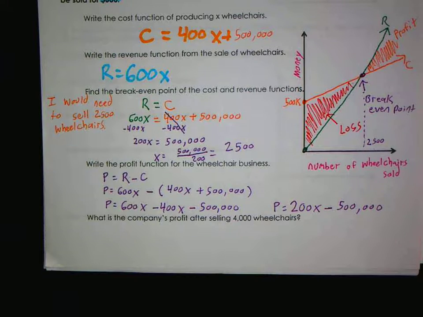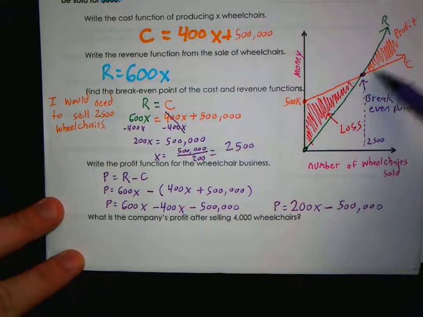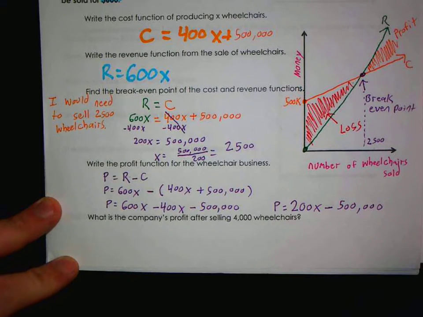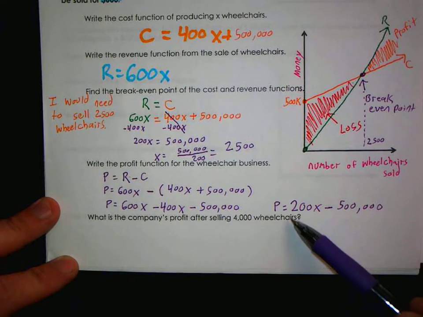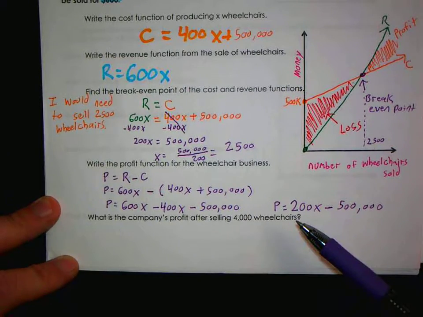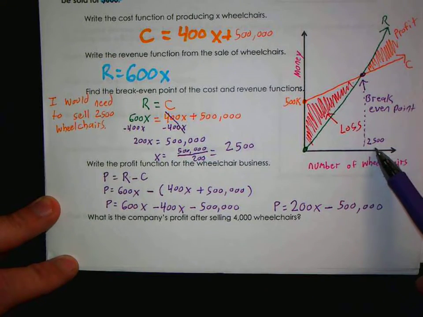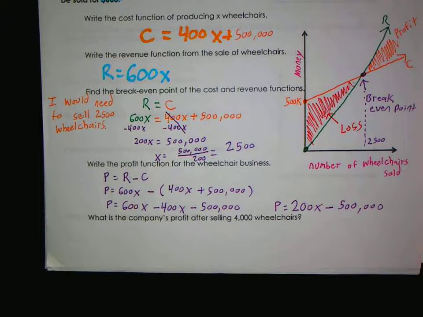So now that I have the profit function, if I sell 4,000 wheelchairs, which we already know is a profit, what would the profit be? If I plugged in anything less than 2,500, this would come out a negative number, which means a loss. But 4,000 is bigger than 2,500, so I know it's going to be a positive number.